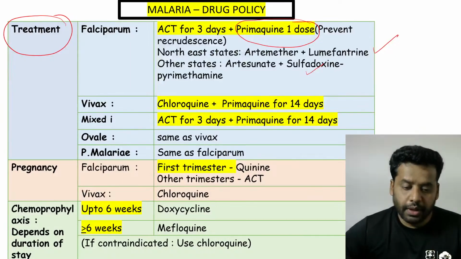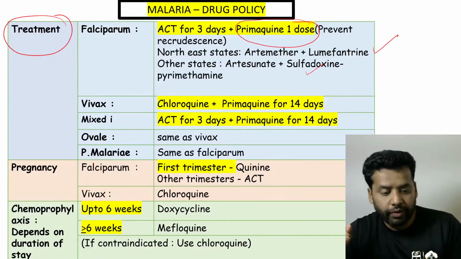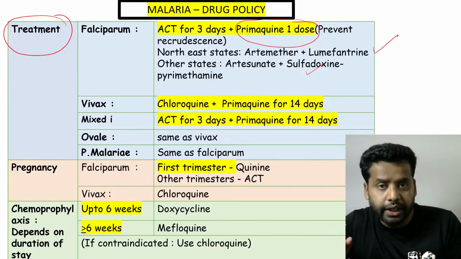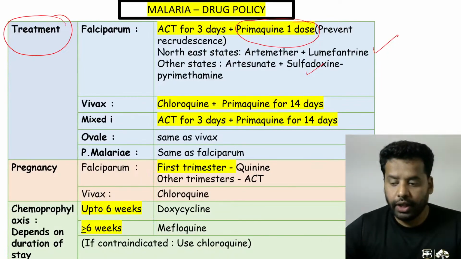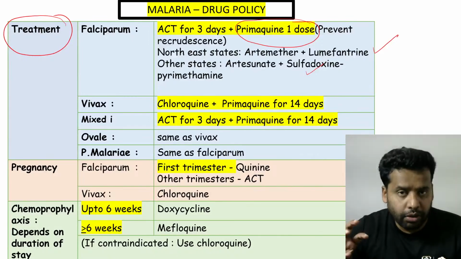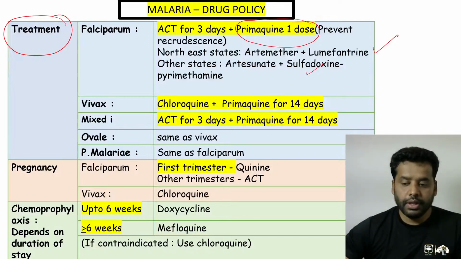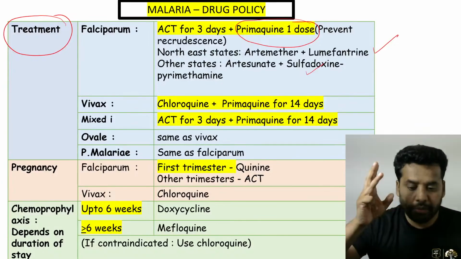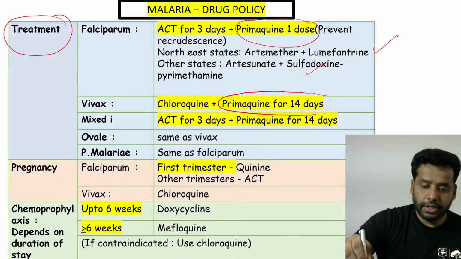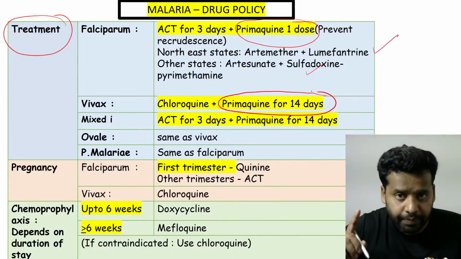What is the treatment for Vivax? Chloroquine for 3 days, primaquine for 14 days. Mixed infection, if it is mixed, you have to mix the treatment also: ACT for 3 days and primaquine for 14 days. What is the use of primaquine 14 days? To reduce relapse.